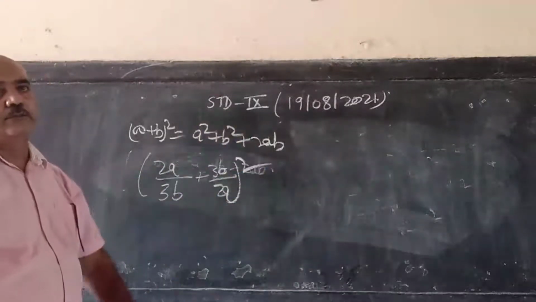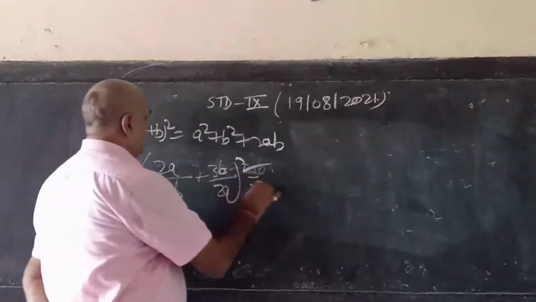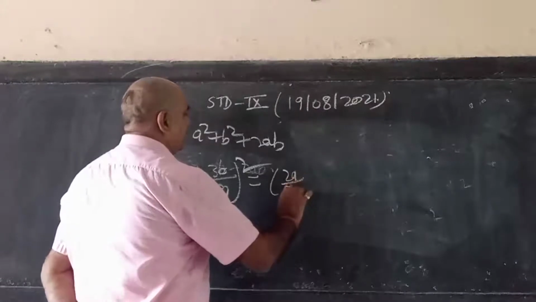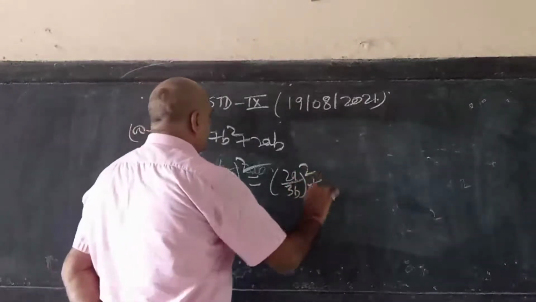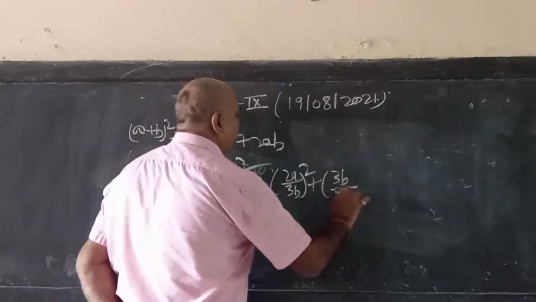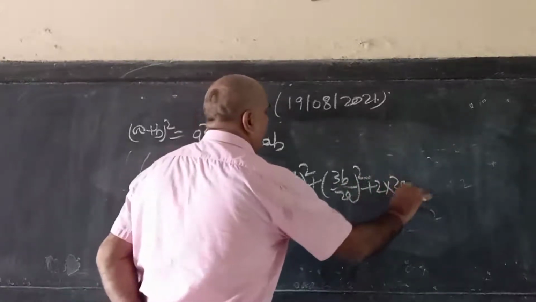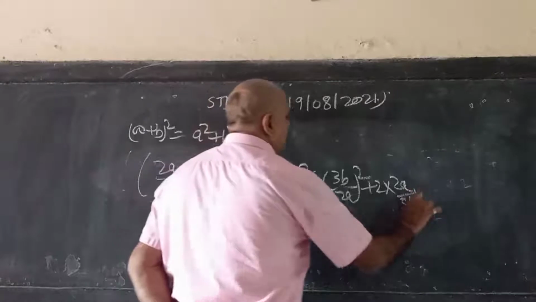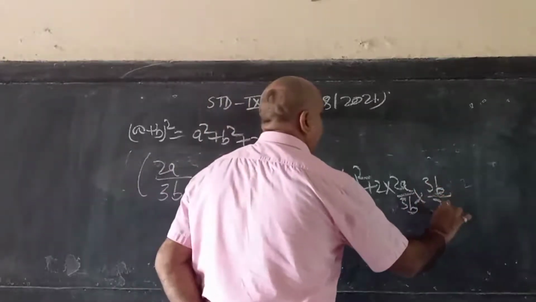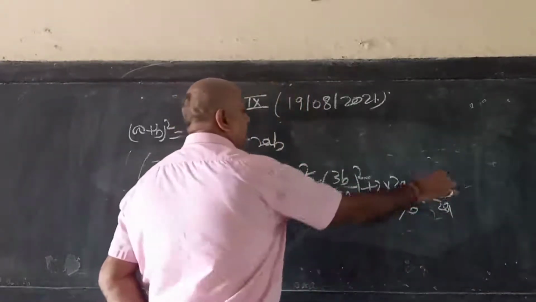Use the result. What is the result? a square, (2a by 3b) whole square, plus b square, (3b by 2a) whole square, plus 2ab. a is 2a by 3b, b is 3b by 2a. So into signs they are the same. This will be cancelled.